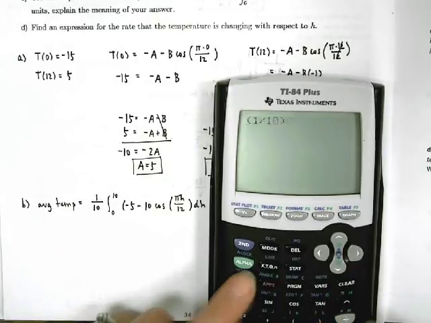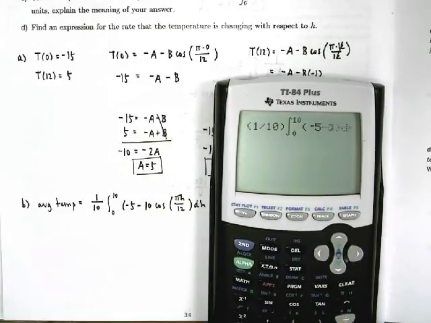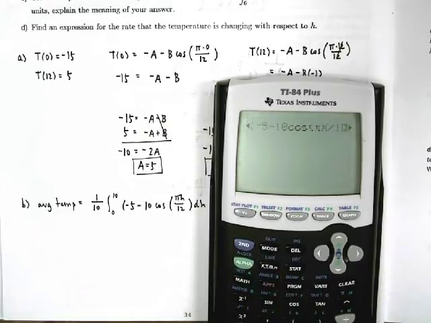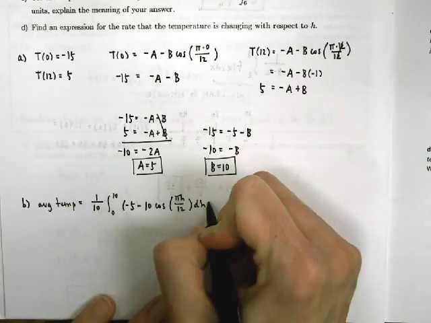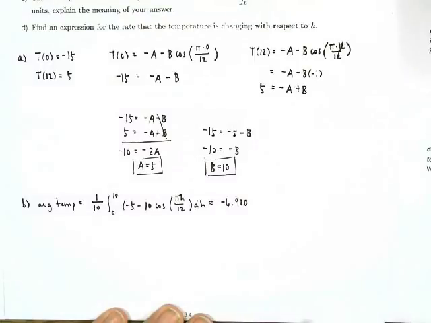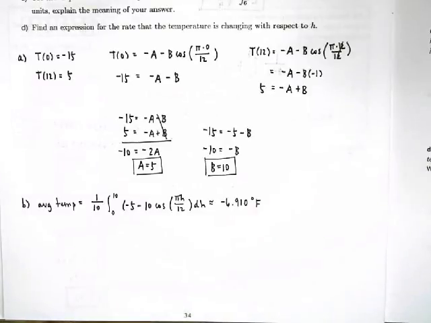I have 1 divided by 10 times, I'm going to use math 9, integral from 0 to 10 of negative 5 minus 10 cosine of pi x divided by 12 dx. And we're going to get negative 6.910. And since that's the average temperature, our units for temperature are given in degrees Fahrenheit, so we're going to make sure to include those there. So for those first 10 hours, the average temperature is negative 6.91 degrees Fahrenheit.